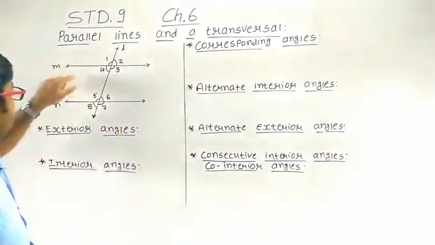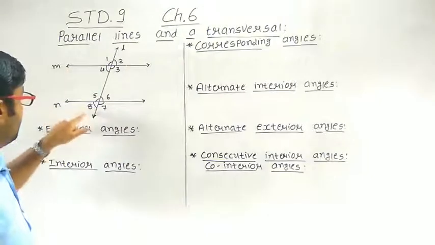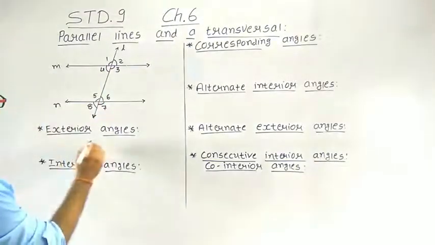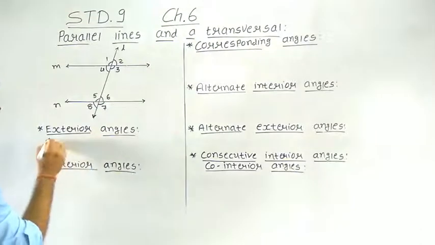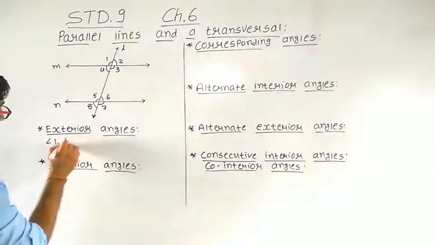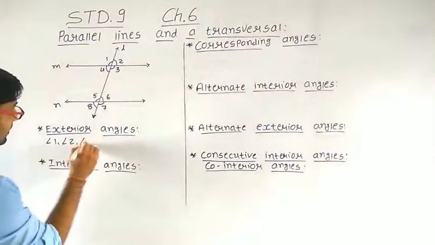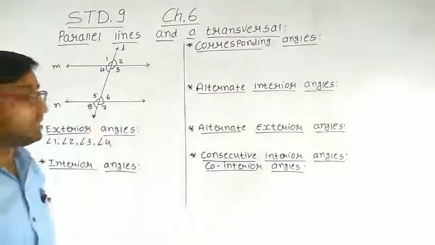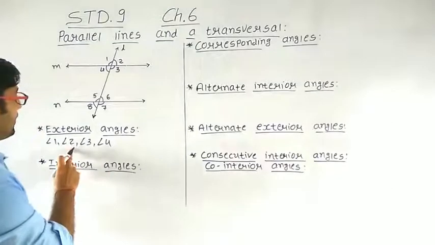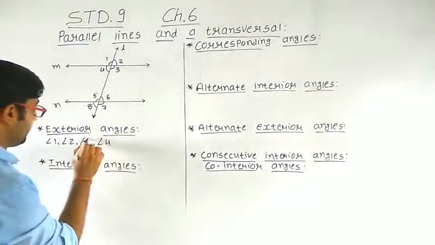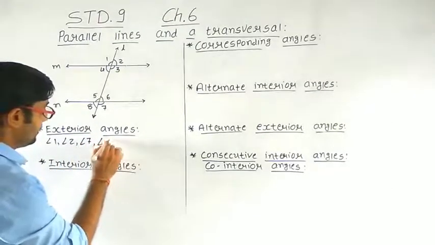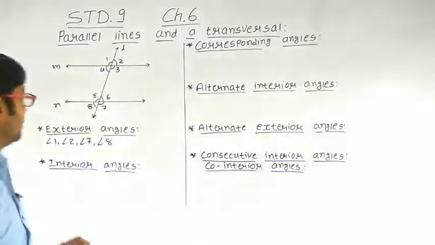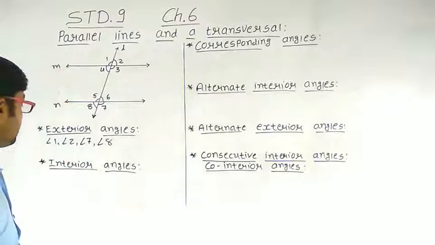So the angles 1, 2, 7 and 8 are the exterior angles.